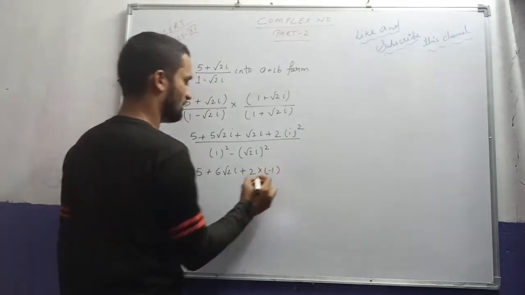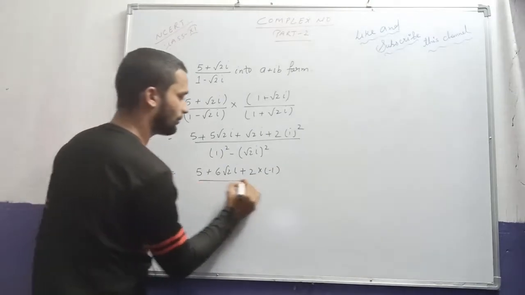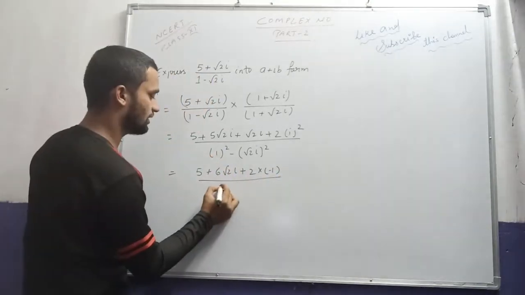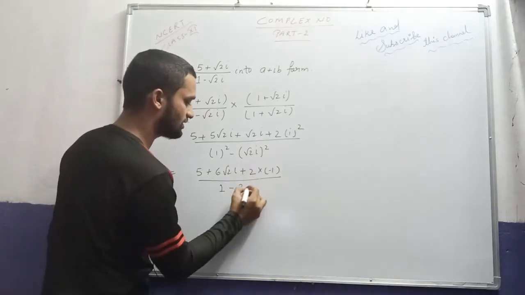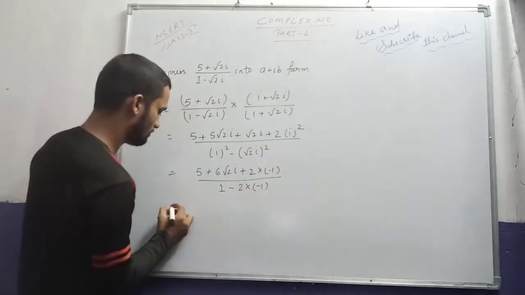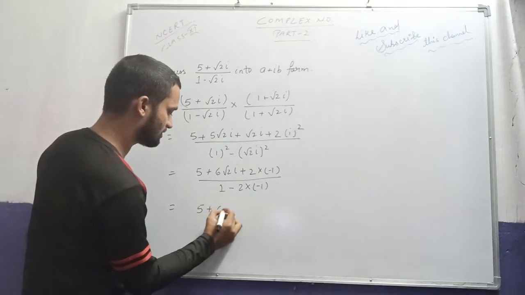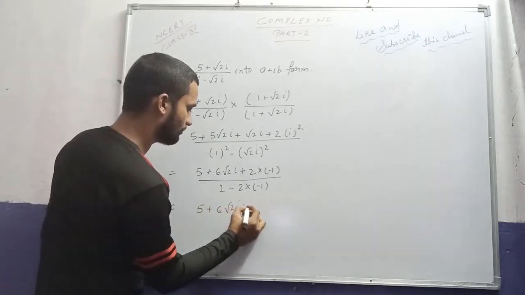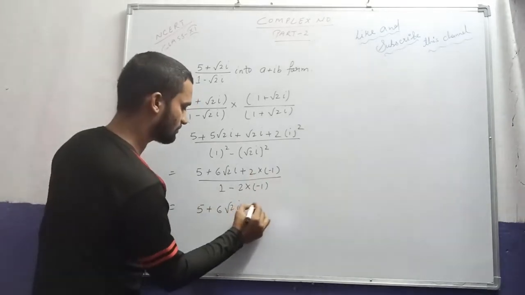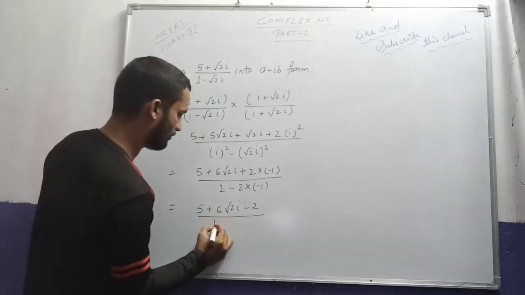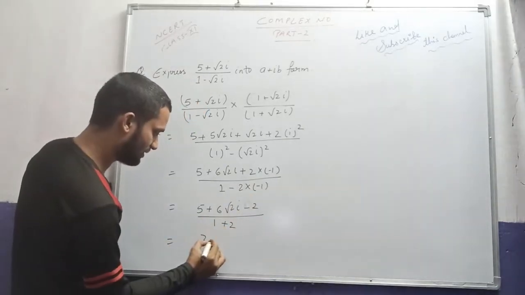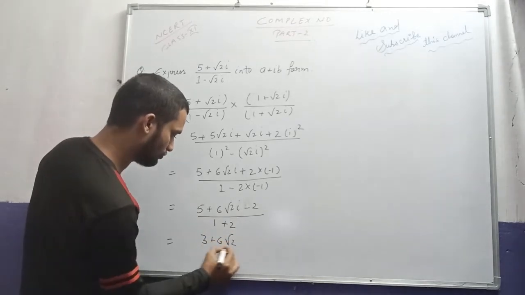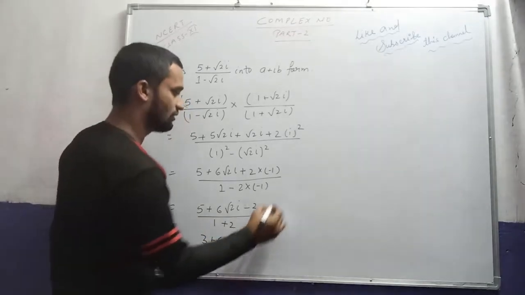Yesterday we learned i square is minus 1. Similarly, 1 square is 1, minus root 2 square is 2, and i square is minus 1. So this will give 5 plus 6 root 2 i plus minus 2 upon 1 plus 2. So this will give 5 minus 2, which is 3, plus 6 root 2 i upon 3.